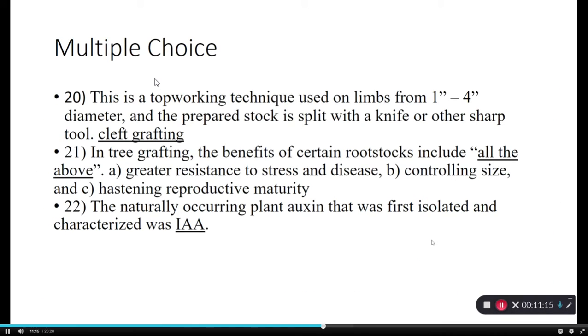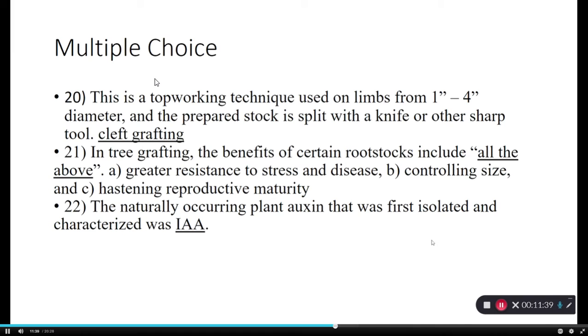And 20, this is a top working technique, and it's describing cleft grafting. So if you have questions about 19 or 20, go to the techniques of grafting PowerPoint, and these are described, and there's a couple of videos to watch on each one also.